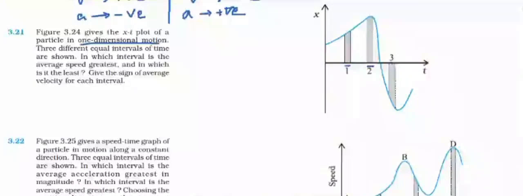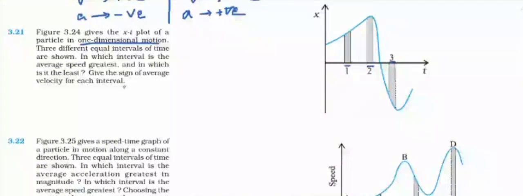Something happened in the same time. Position-time graph is given. In which interval is the average speed greatest, and in which is it the least? Give the sign of average velocity in each interval.